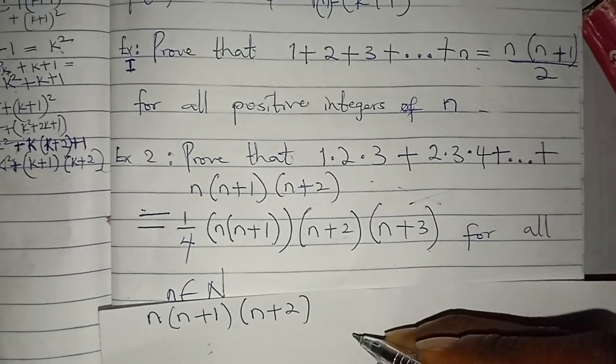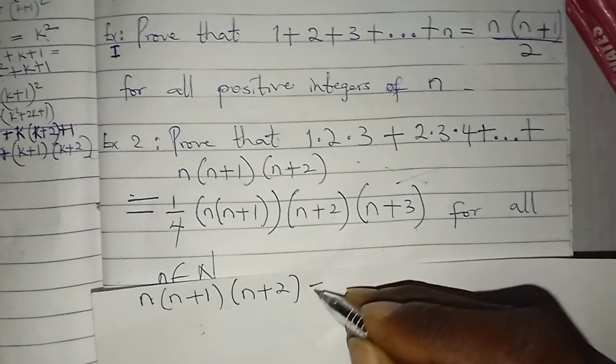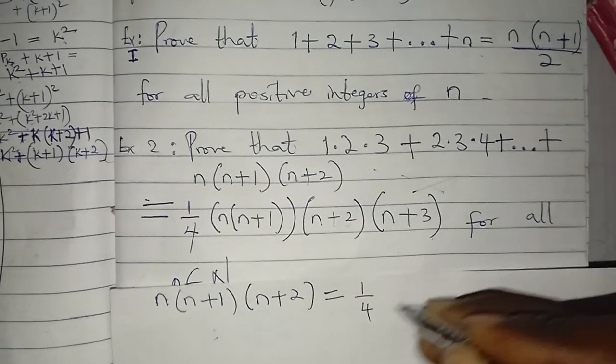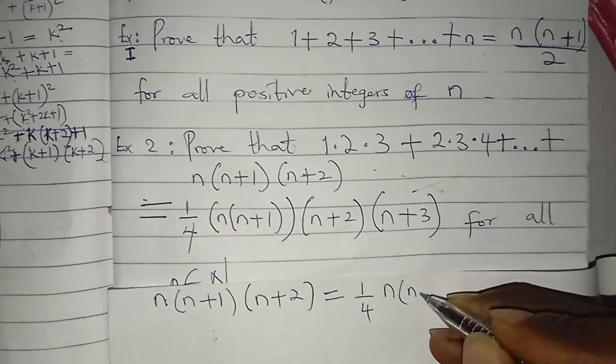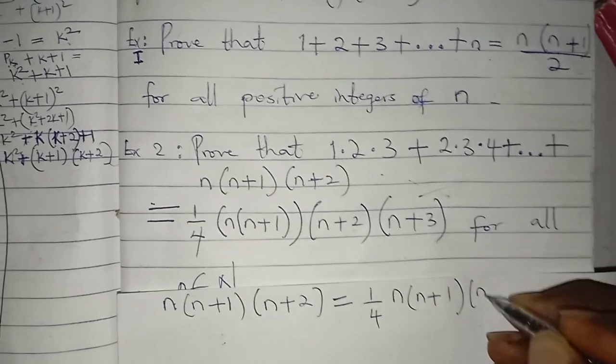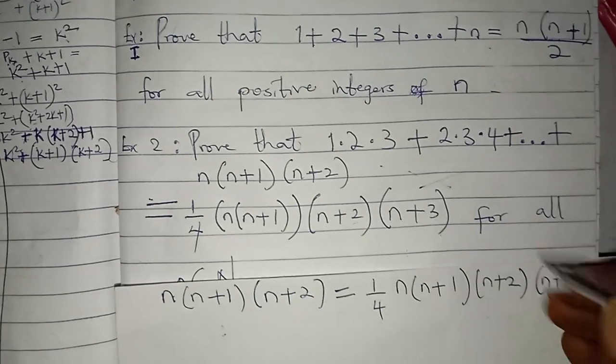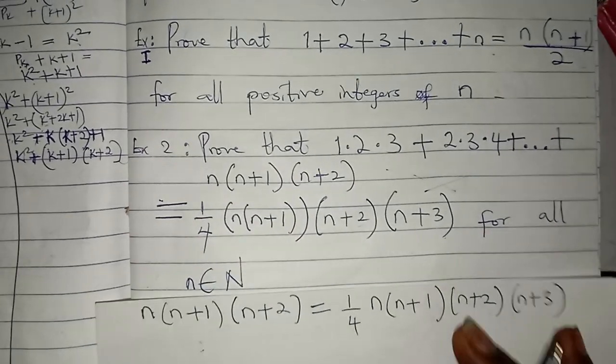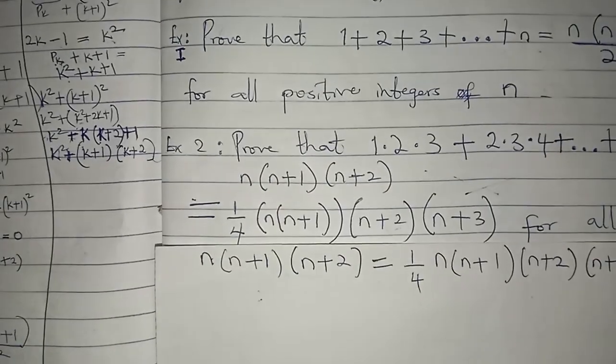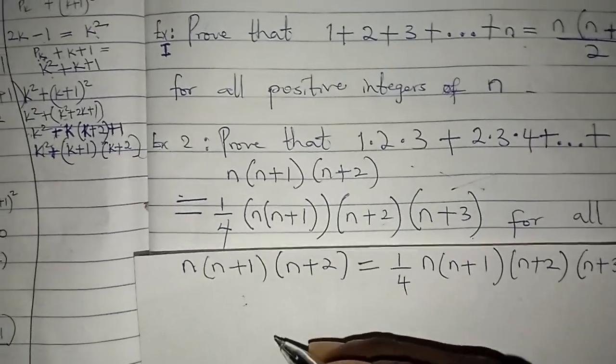So it is equal to 1 over 4 n plus 1, n plus 2, n plus 3. Just master how I'm doing it. Once you know how I'm doing it, any question they give you, just use the same method. It will always work.